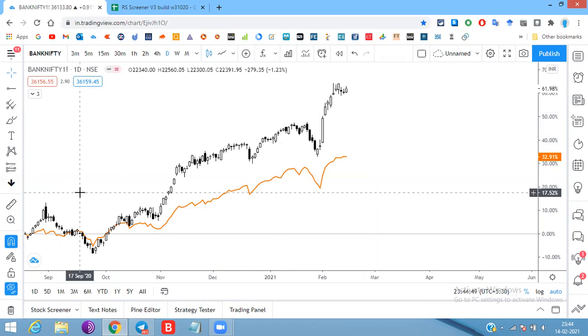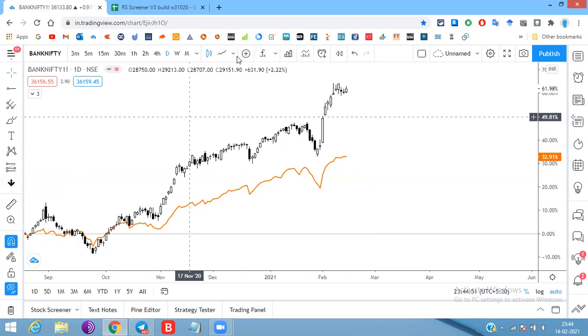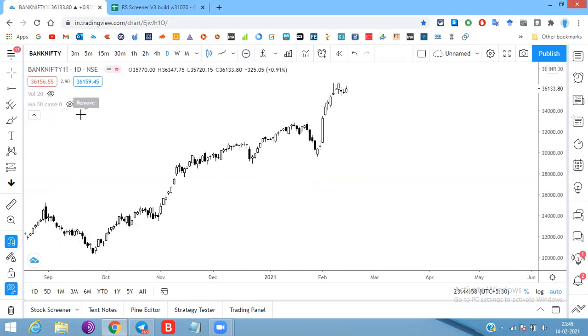So okay, this is one way you can analyze the charts. Okay, you can analyze the spread charts.